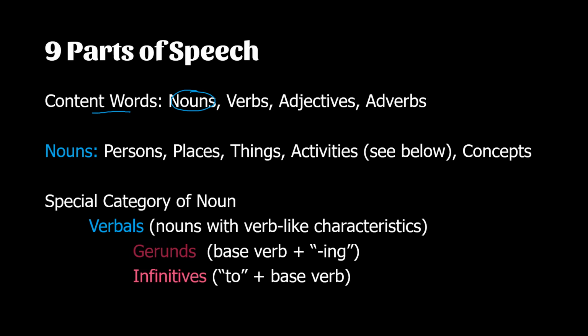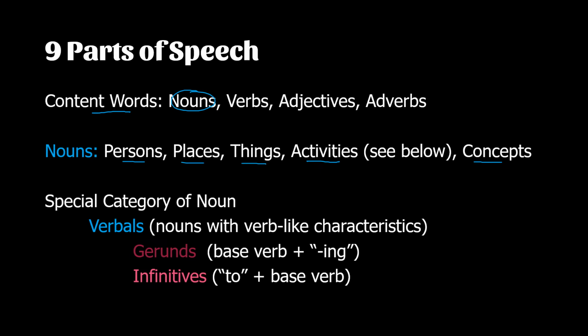So for example, a boy, Toronto for a place, ball for things, skiing for activities, or education as a concept. So stop the video and think of a noun for each of these 5 different kinds, just so that you're sure of the concept.